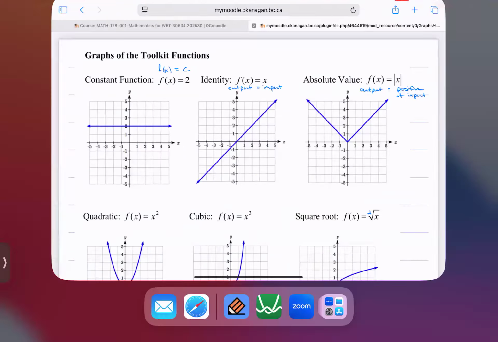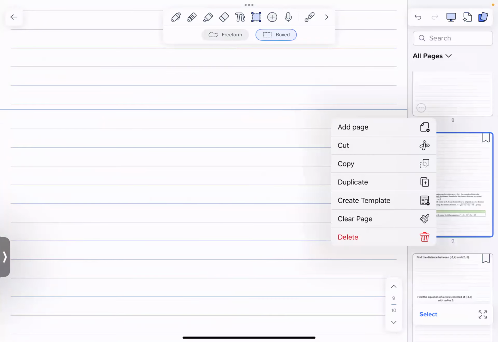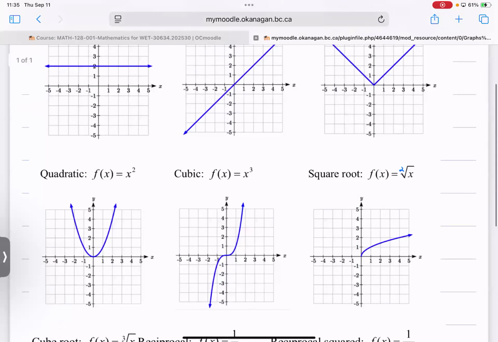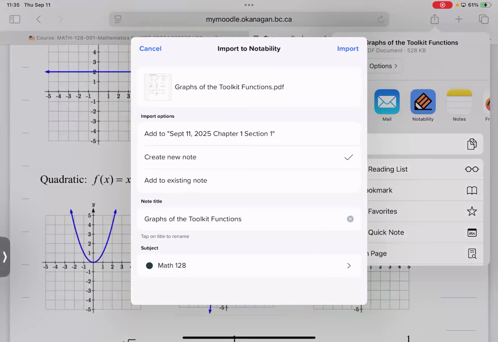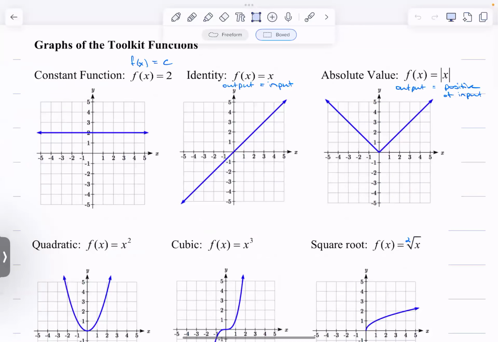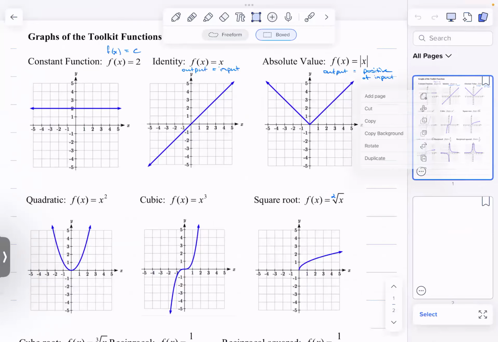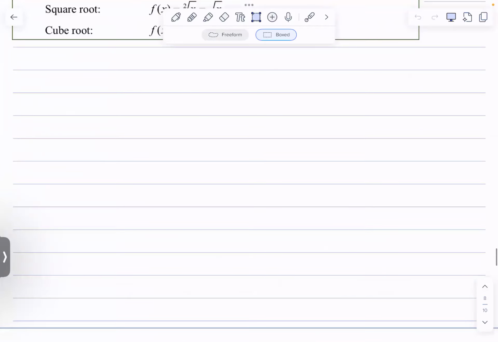Can I copy this? Add a page, copy. Hey, why isn't it pasting?